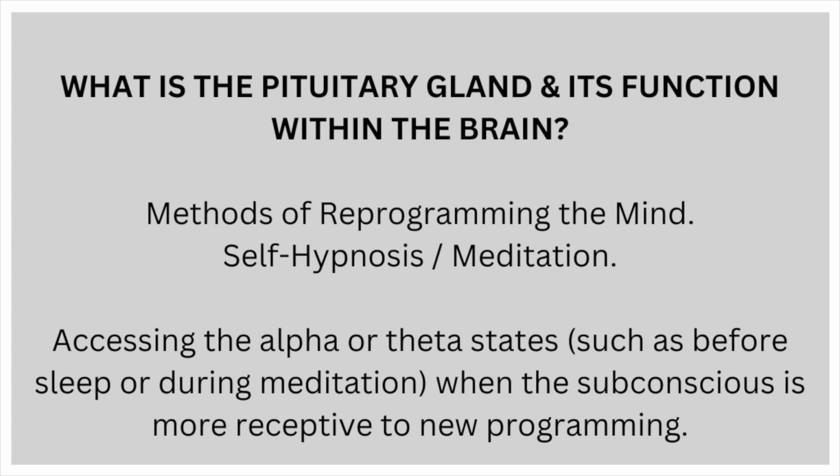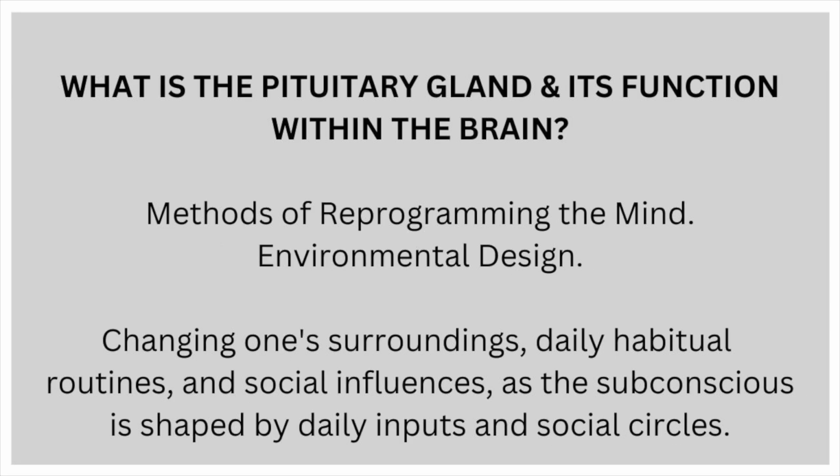Self-hypnosis and meditation. Accessing the alpha or theta states when the subconscious is more receptive to new programming, these times being such as before sleep or during meditation. Environmental design. Changing one's surroundings, daily habitual routines, and social influences, as the subconscious is shaped by daily inputs and social circles.